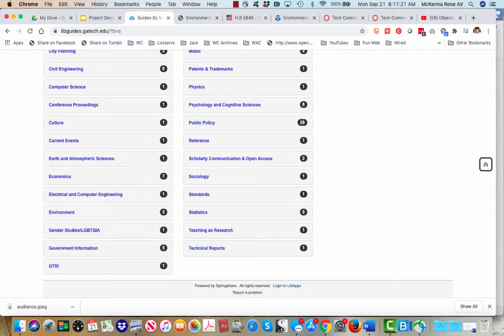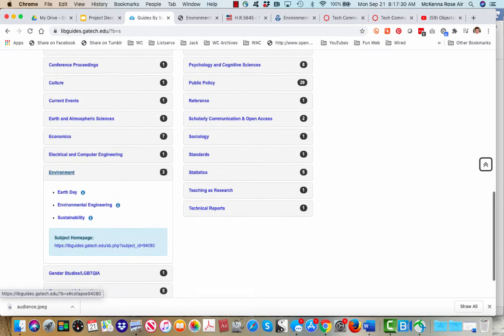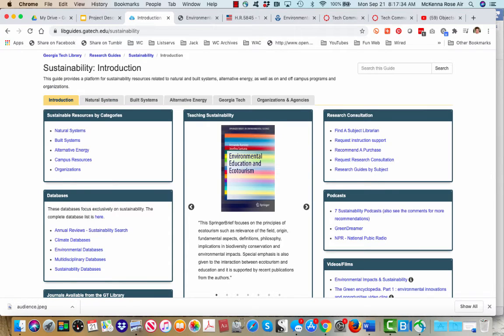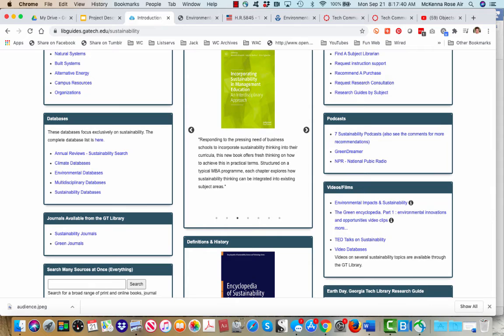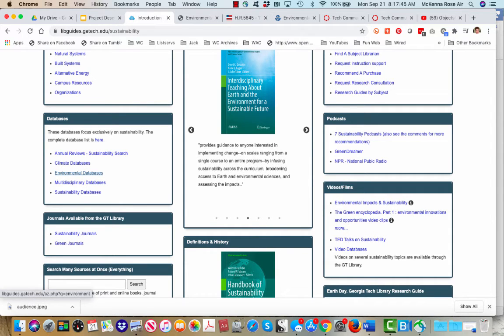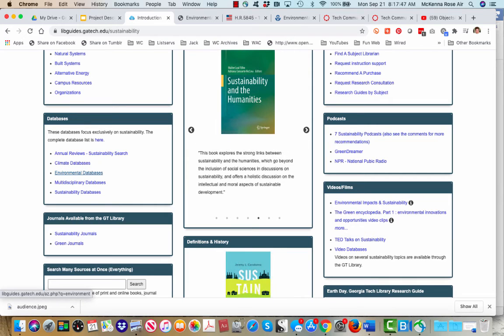You're welcome to choose. There are others that would be helpful. I mean, government information, public policy, etc. But let's go to environment, and let's click on sustainability. Again, this is just an example. All of the info here is going to send us out to, for example, these databases that are going to have blind peer-reviewed articles.